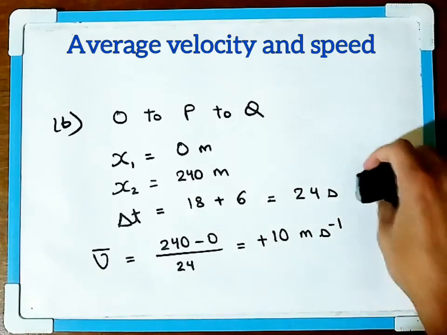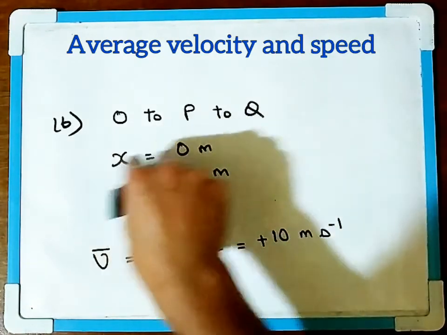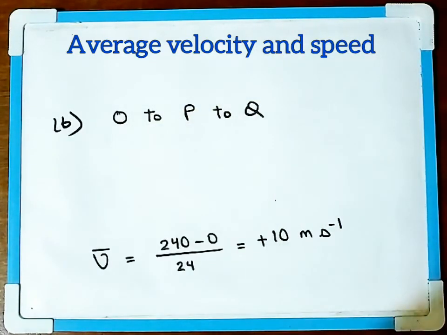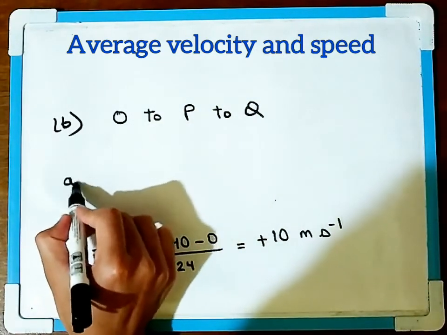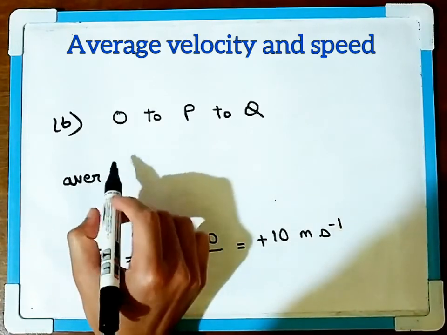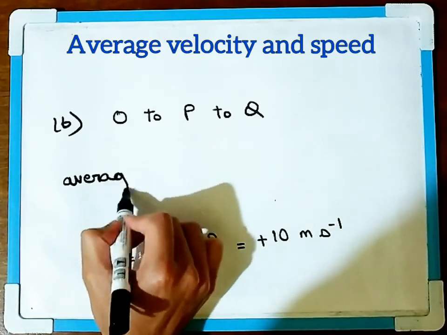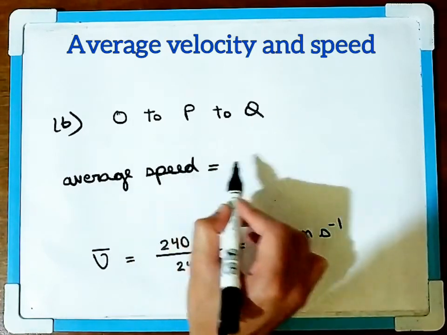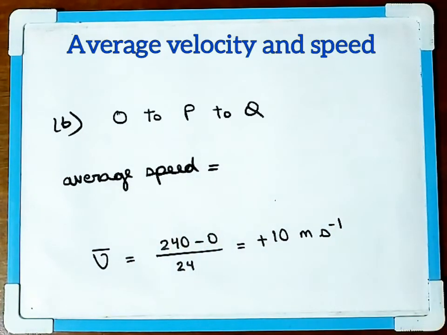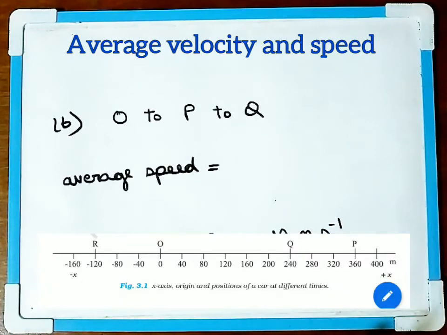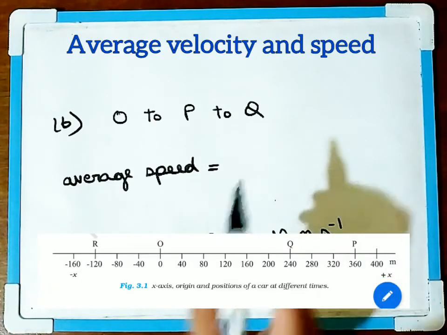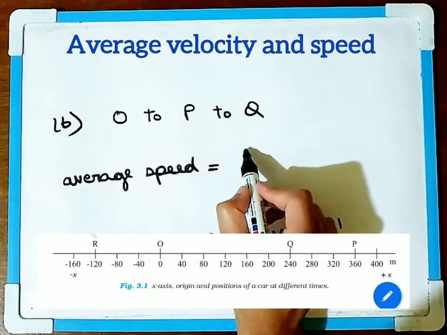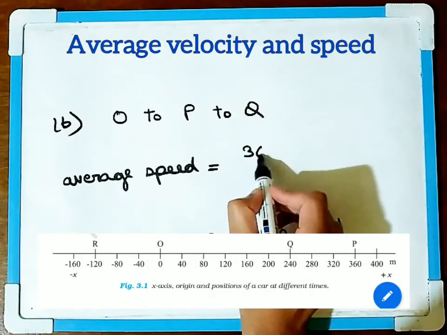Then we come to the average speed. Now for average speed, you have to take the total path length. So the total path length in this case will be from O to P and then from P to Q. From O to P, it's how much? 360.